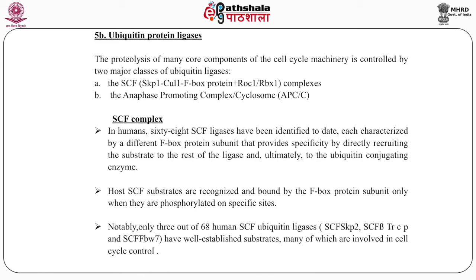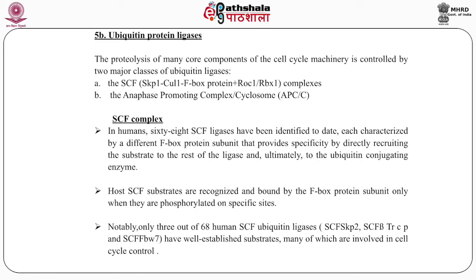Now, beginning with the SCF complex. In humans, 68 SCF ligases have been identified to date, each characterized by a different F-box protein subunit that provides specificity by directly recruiting the substrate to the rest of the ligase and ultimately to the ubiquitin conjugating enzyme.